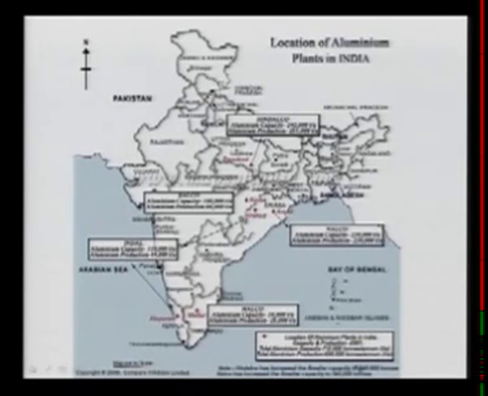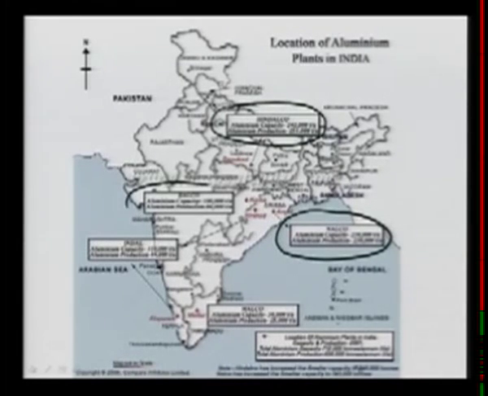It might be a good idea to have a look at where the aluminium plants in India are. What you see here are the rectangle boxes. You have Hindalco, a large aluminium plant. You have National Aluminium Company in Orissa, again a very large aluminium plant. We also have a plant called Balco, in Korba in Chhattisgarh.